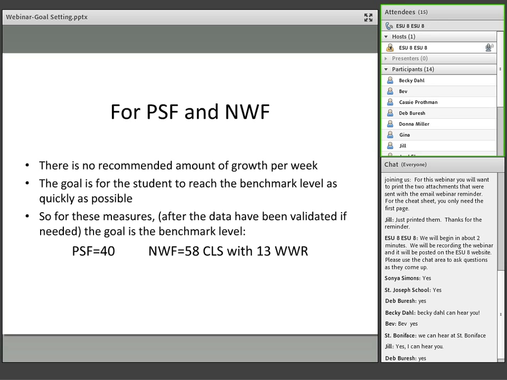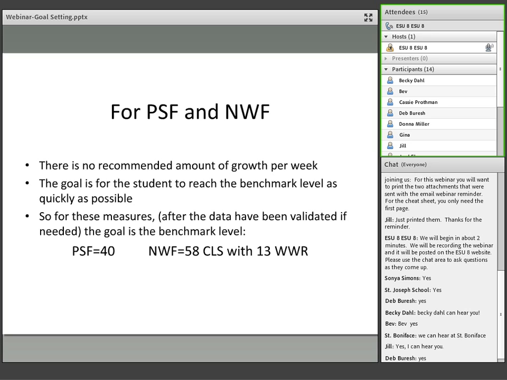For phoneme segmentation fluency, which is PSF, and NWF, nonsense word fluency, we'll talk about amount of growth per week for oral reading fluency, but for PSF and NWF, there really aren't those standards. So what we want to do is we just want to get the student to reach the goal level for each of those measures as quickly as possible. So for phoneme segmentation fluency, or PSF, that goal level is 40 sounds in 1 minute.